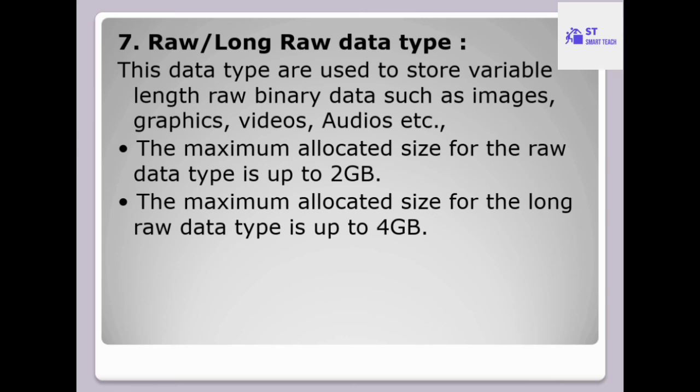Here the maximum size of raw is 2 GB memory, and long raw data type is up to 4 GB memory. So both raw and long raw data types are different in terms of memory sizes. Raw has 2 GB memory and long raw has 4 GB memory.